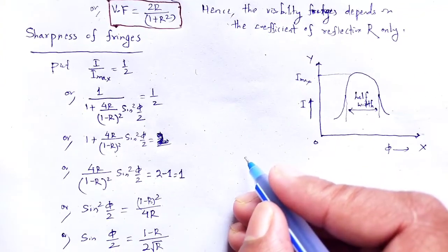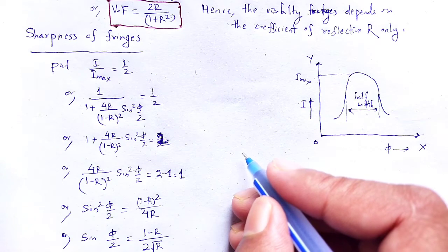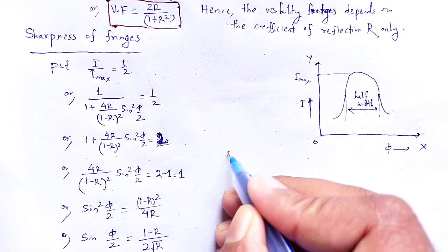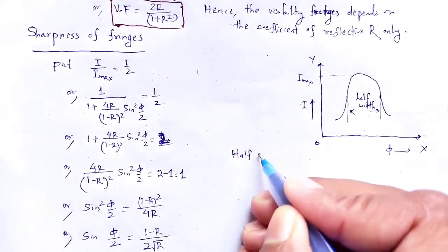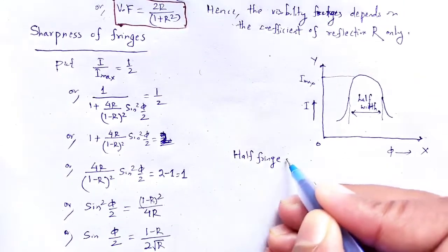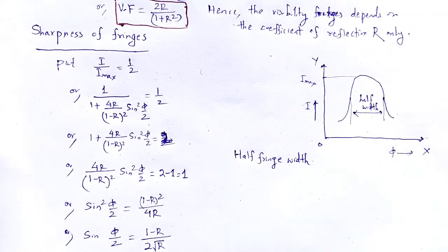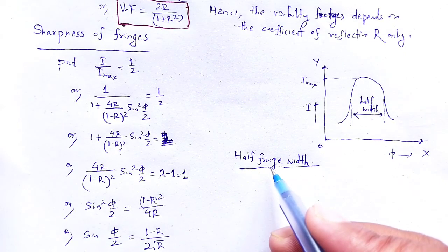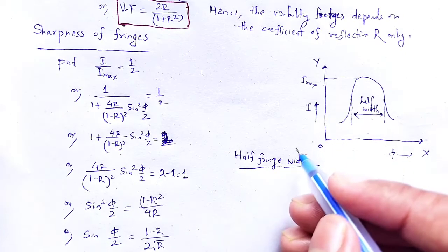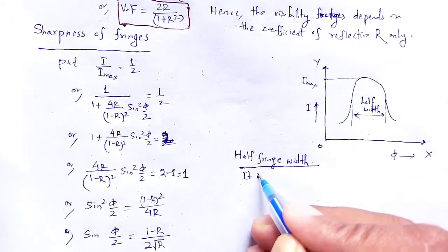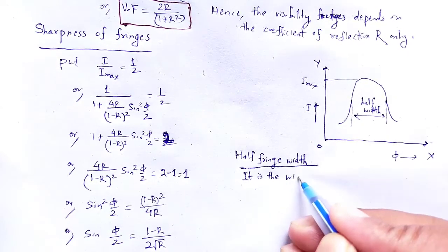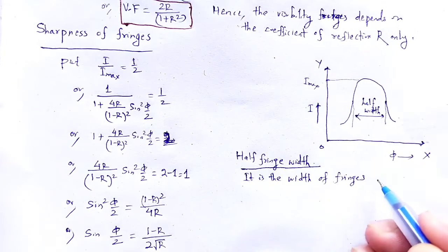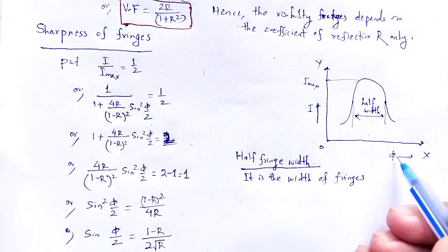We define it as half fringe width. It is the width of fringes in terms of phase difference.